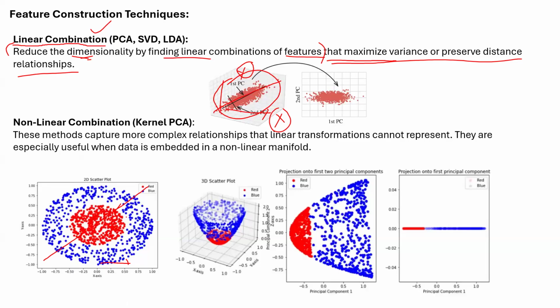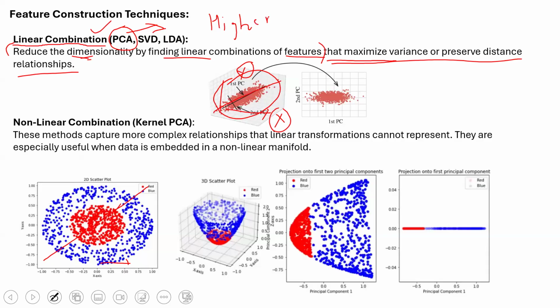In such cases, we go with non-linear combinations, and these are the examples: PCA, SVD, and LDA. Principal component analysis, singular value decomposition, and linear discriminant analysis. Today we are going to complete learning of PCA. PCA will try to reduce the data from higher dimensionality to lower dimensionality.